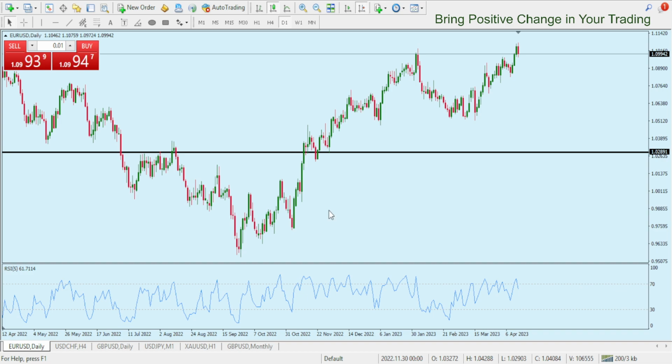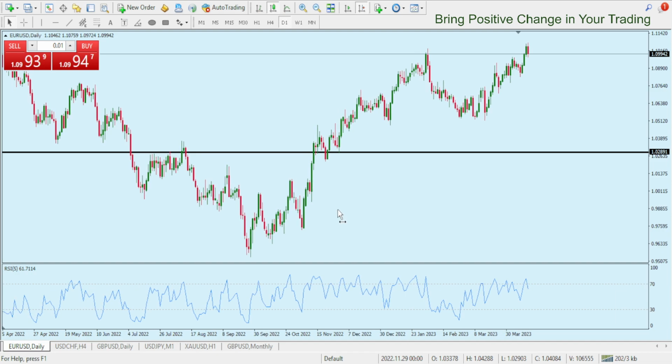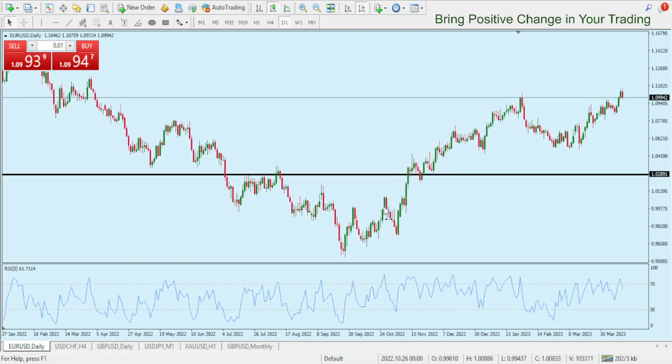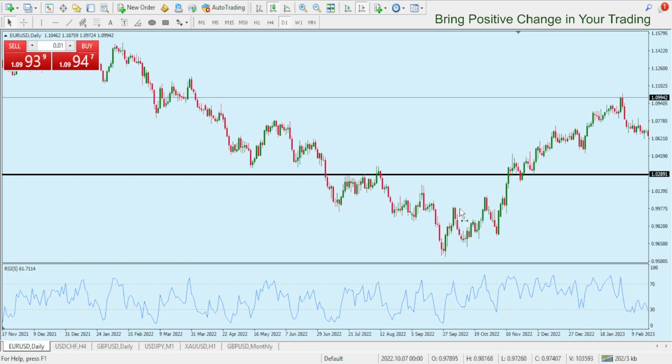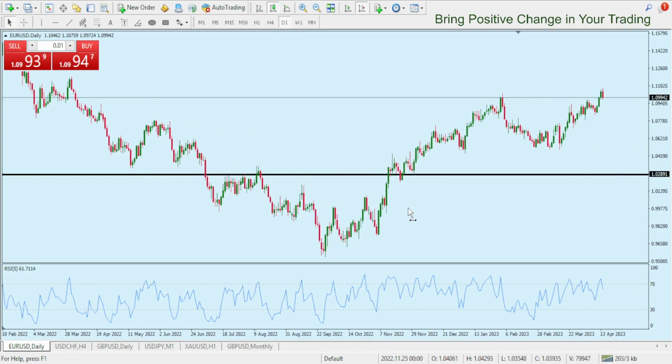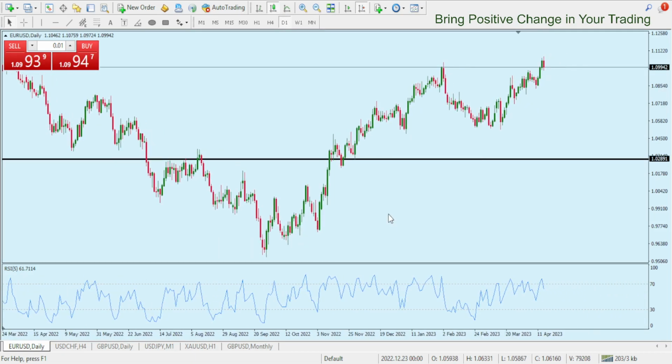One thing, I get a question and I want to answer it. Most of you have a problem identifying the impulse legs on time, right? If you identify an impulse leg wrongly, it can just give you one losing trade.